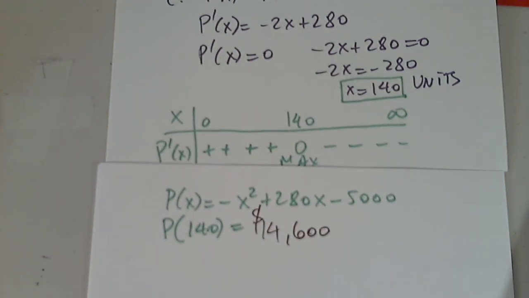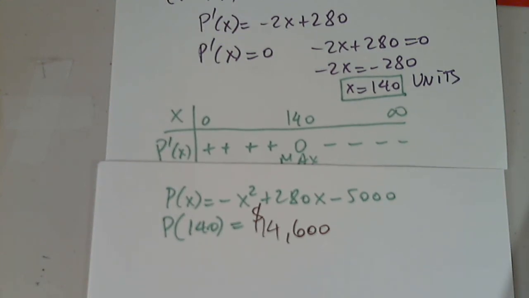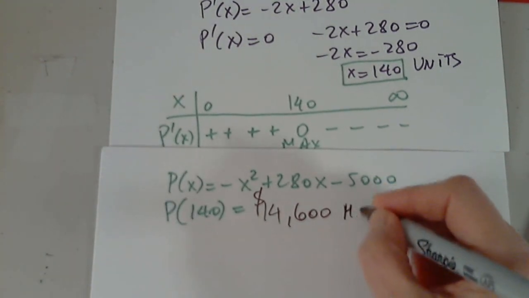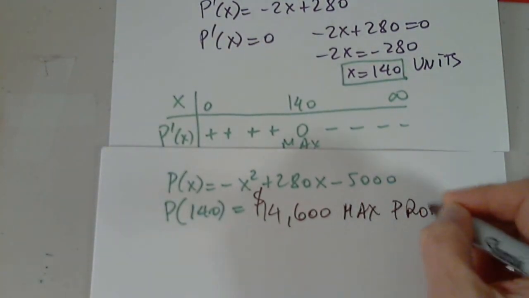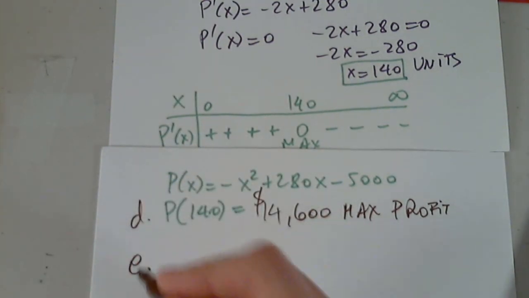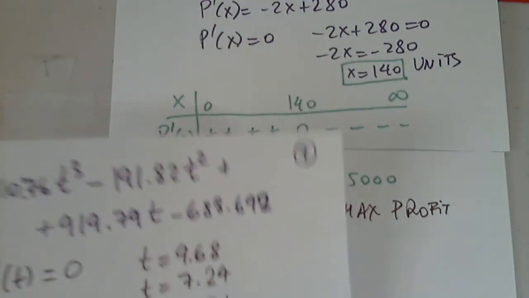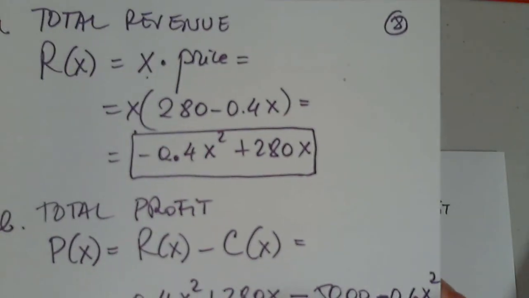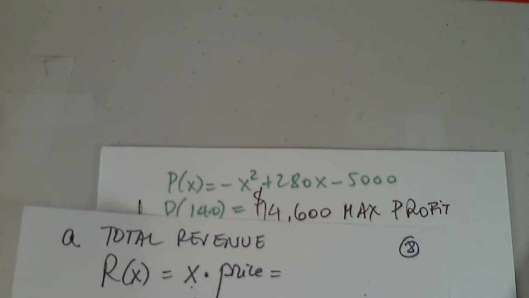What price per refrigerator must be charged in order to maximize profit? So this was part D, the maximum profit. And now in part E, where is my price? Right here. Okay.